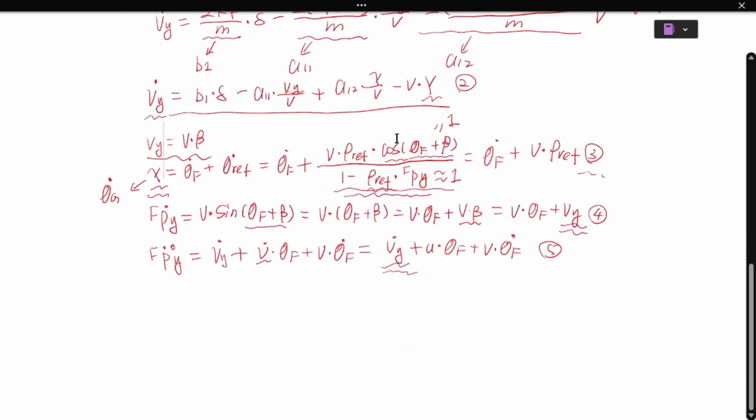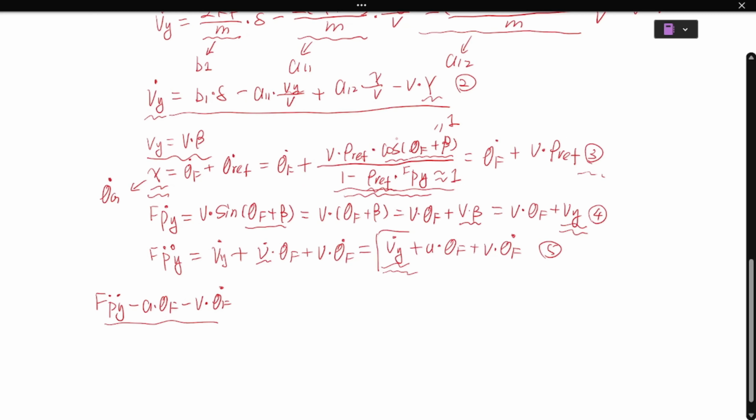We can get fpy double dot minus a times theta f minus v times theta f dot.